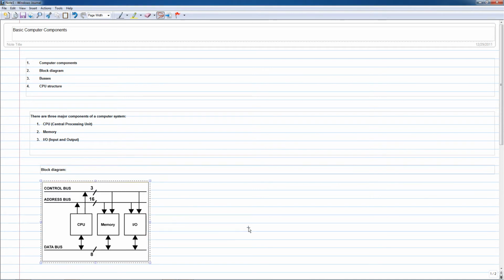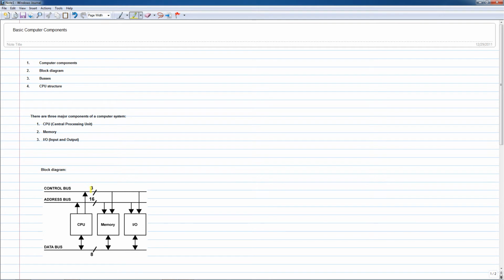Here you can see that we have three components: the CPU, the memory, and the input-output. They are connected to various buses. Here the control bus, the address bus, and the data bus. And in this diagram, the actual size of the buses are represented in a number of lines.